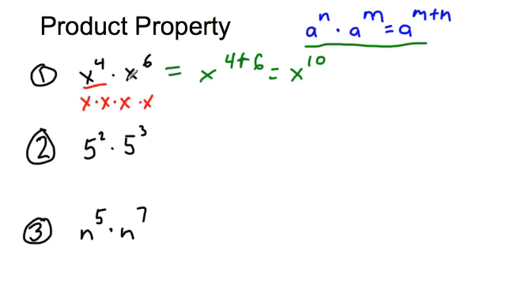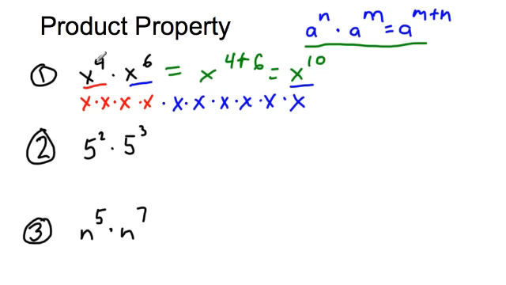Also, we have x to the sixth power, which means we have 1, 2, 3, 4, 5, and 6 of those. So if we add all those x's up, we end up with 10 of them.